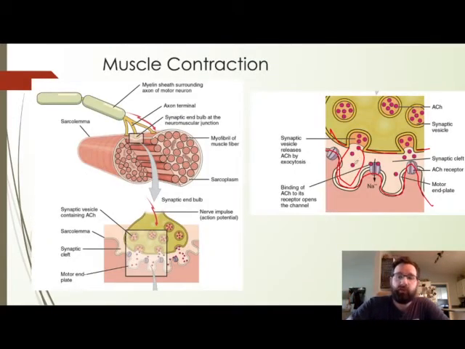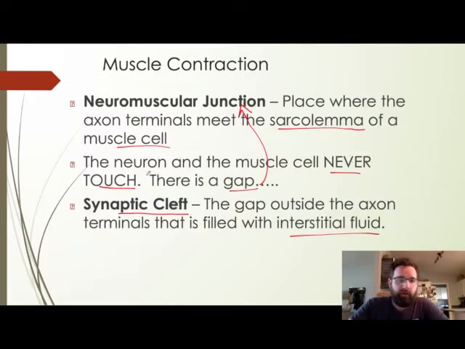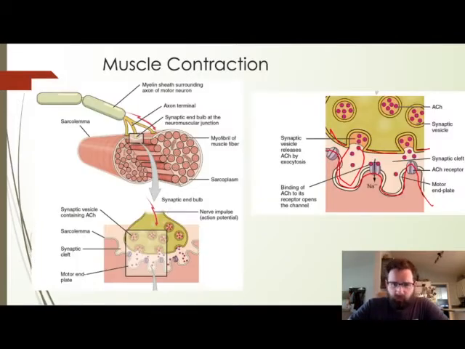That gets transferred to a chemical signal that diffuses across this space here, which again we call the synaptic cleft. That signal gets sent to the muscle by this chemical neurotransmitter being diffused across this space right here. And that in turn will cause the action potential in the muscle fiber. We're going to go through that in some steps.